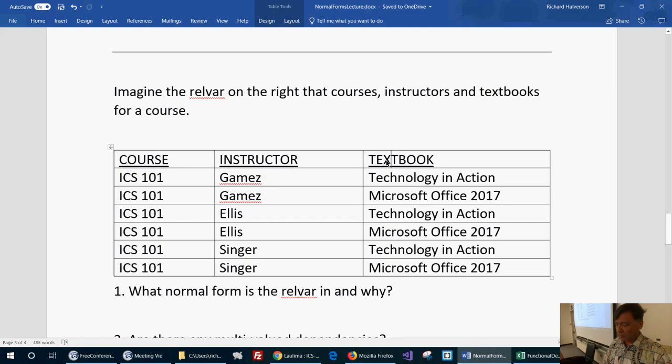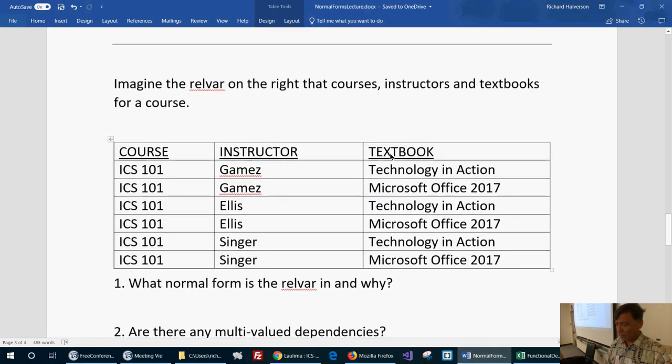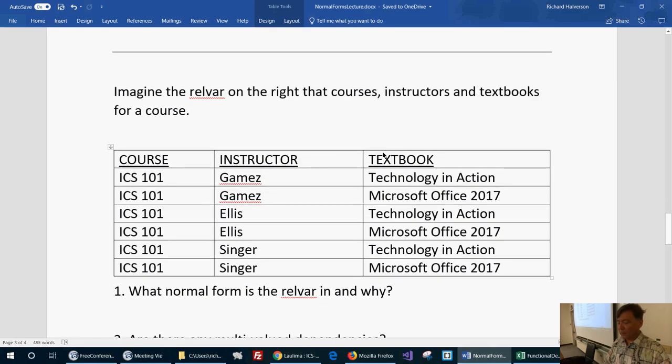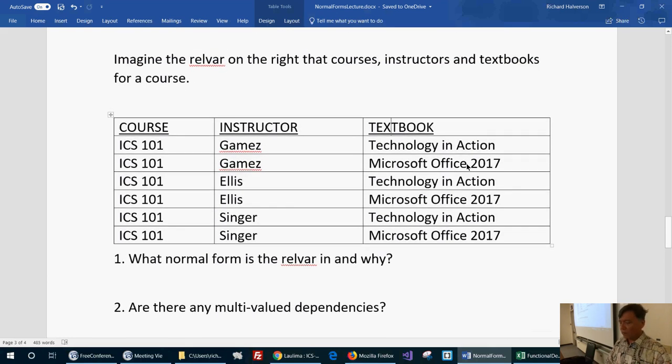It's not like this. Well, there are these dependencies, but you can't use the functional dependencies to reduce this table. The multi-value dependency here is that course determines instructor, and course also determines textbook.